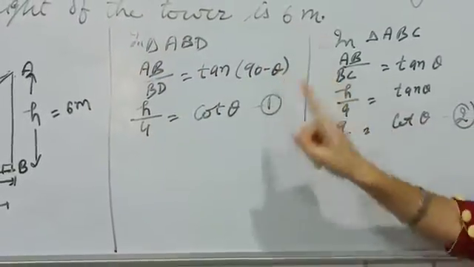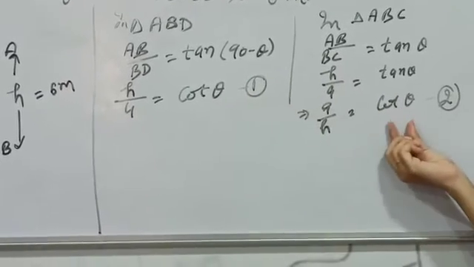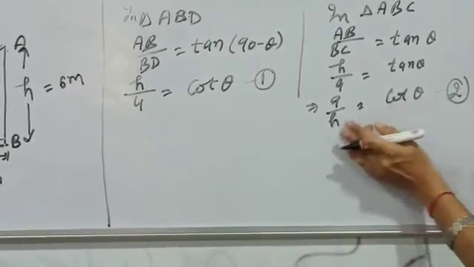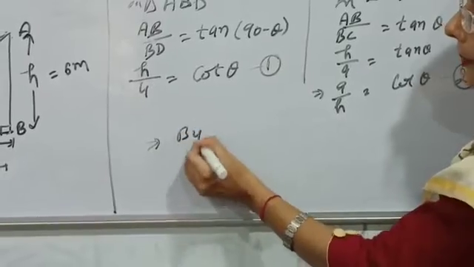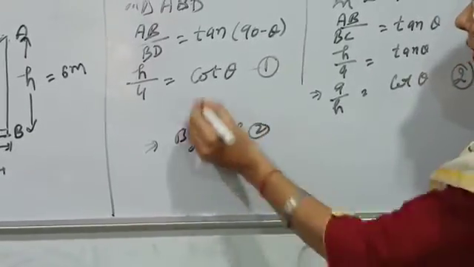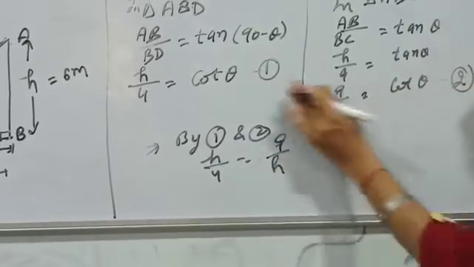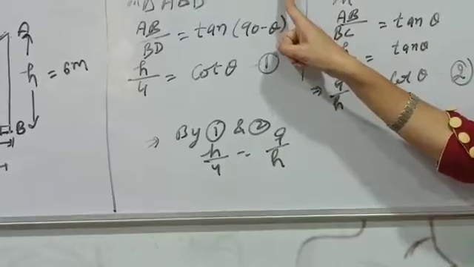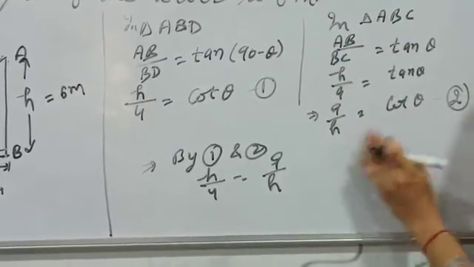They are saying prove that the height of the tower is 6 meters. We don't need the theta value, the unknown value. If we equate these two equations, by 1 and 2, then h upon 4 is equal to 9 upon h. Then theta is eliminated, which is not needed to prove this equation.